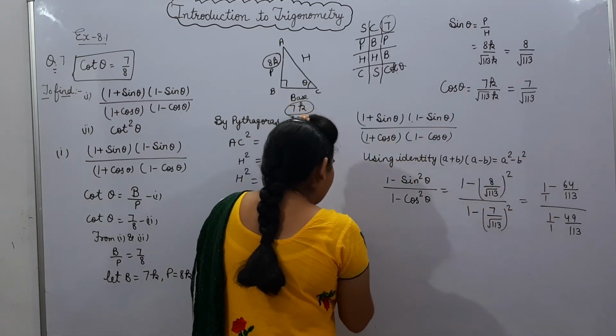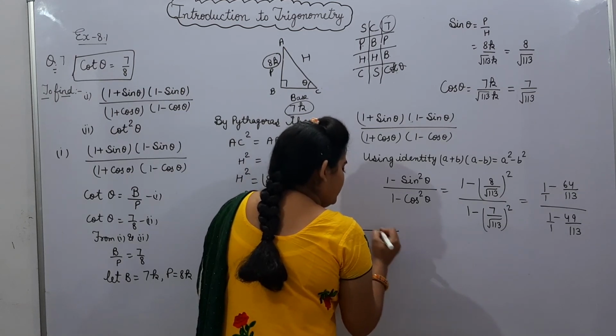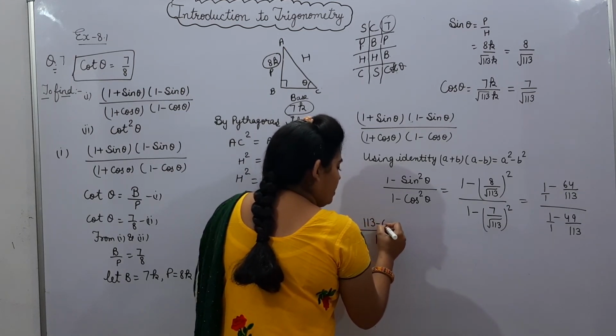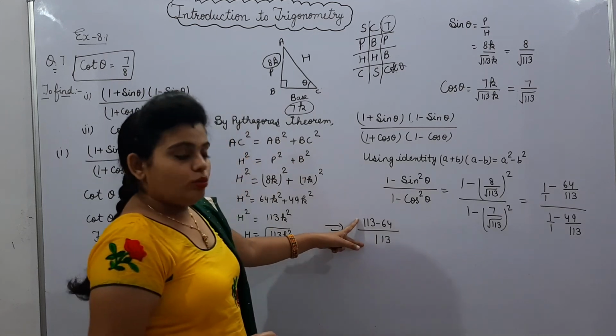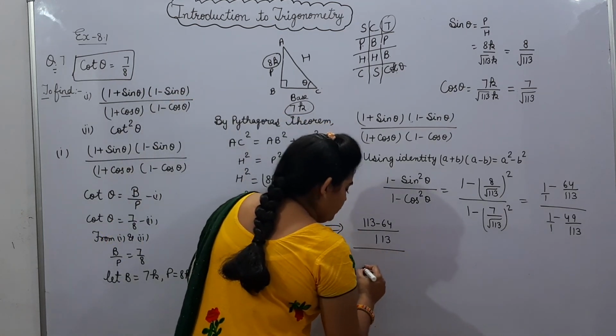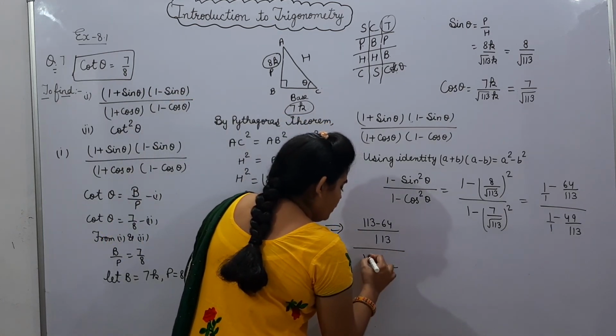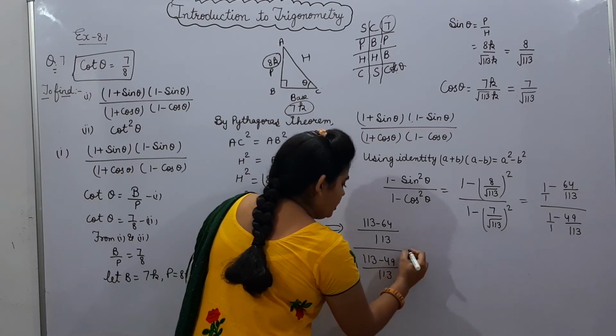Taking LCM 113, the numerator is (113 − 64)/113 and the denominator is (113 − 49)/113.